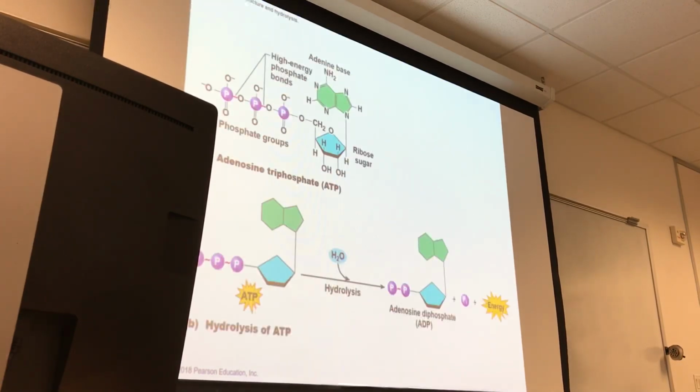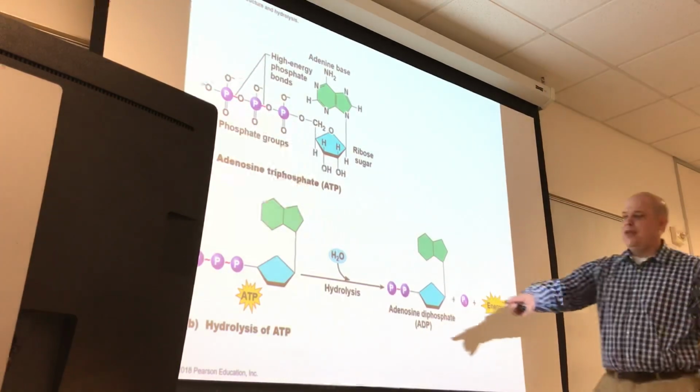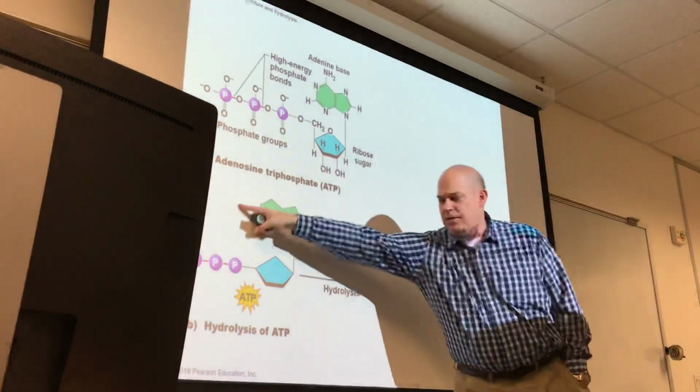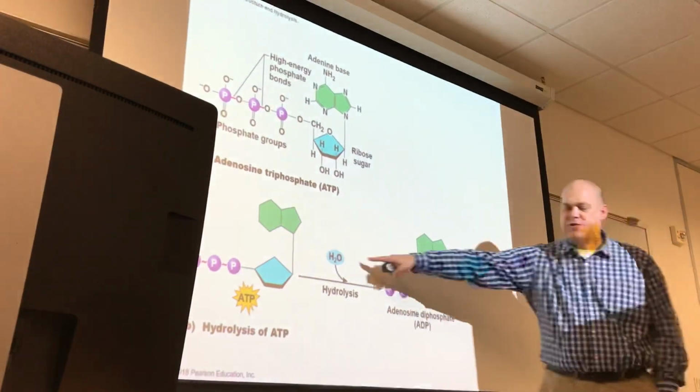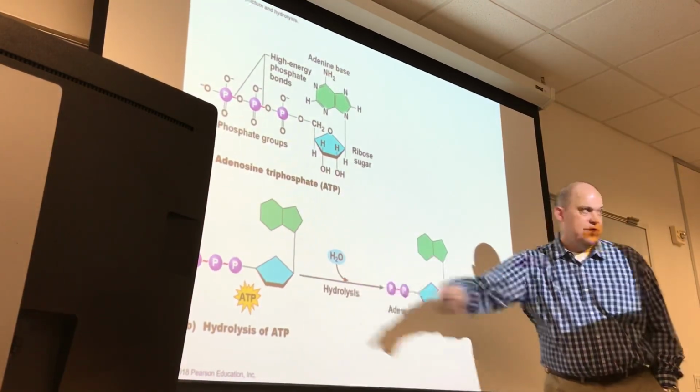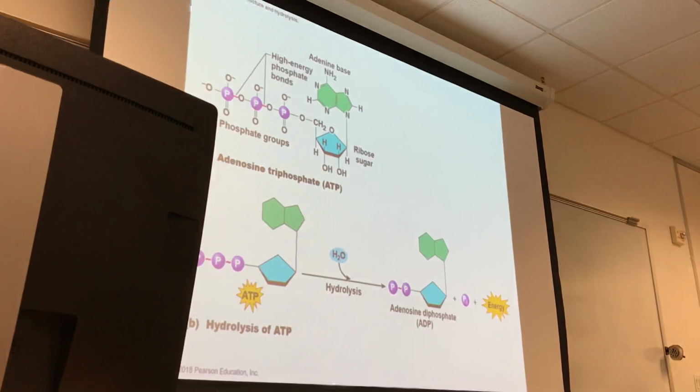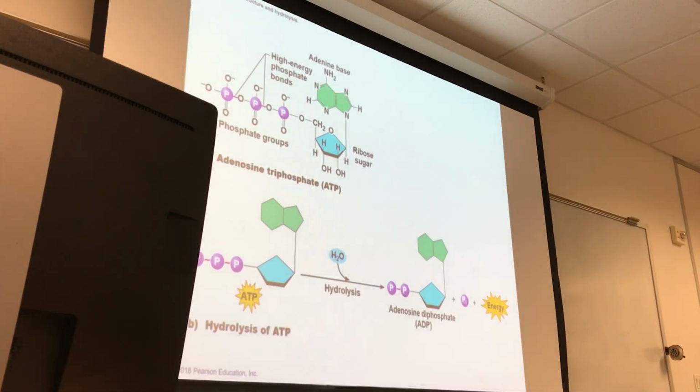When you're talking about taking ATP and turning it into ADP, we're going to use hydrolysis, because we're taking a polymer and breaking it up, so that's hydrolysis. And then to relink it, we'd use dehydration synthesis. Does that make sense?